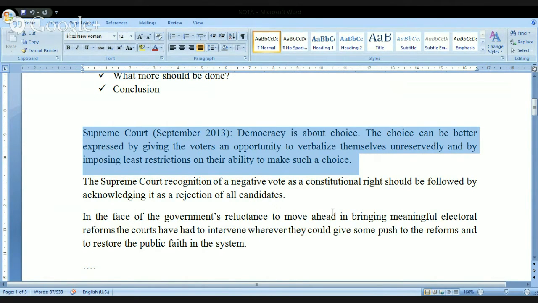What do you mean by this? This is the statement given by the Supreme Court. The Supreme Court made it very clear: democracy is about choice. What do you mean by choice here?